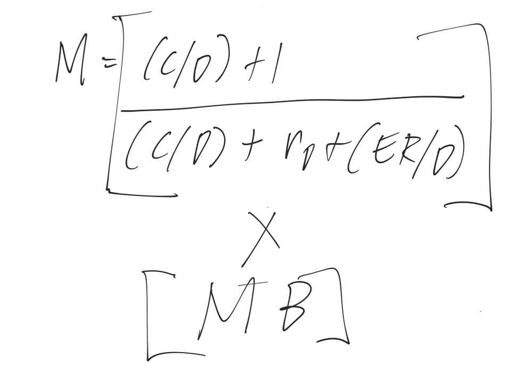As we move toward only using paper money, only using C, and D approaches zero, then the C over D is going to dominate. In the numerator, it will approach infinity. The denominator will approach infinity. And so what you get is an approach to 1 of that top expression.